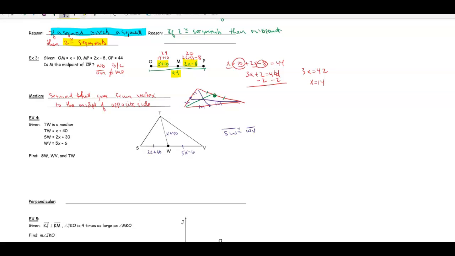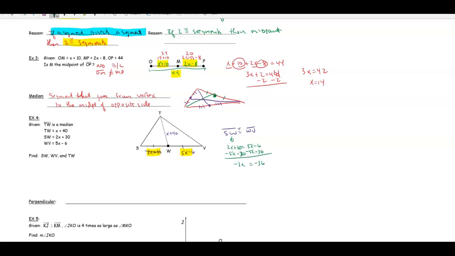Well, since this segment is congruent to this segment, I can say SW is 2x plus 30, and that should equal WV, which is 5x minus 6.